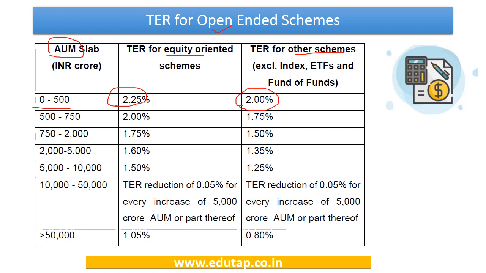So we have to remember that it is different for equity oriented and other than equity oriented, and it is based on slabs. So this is something which we have to remember. And as the assets under management keep on increasing, this expense ratio goes on decreasing. So this is what we have to make out of this particular document.